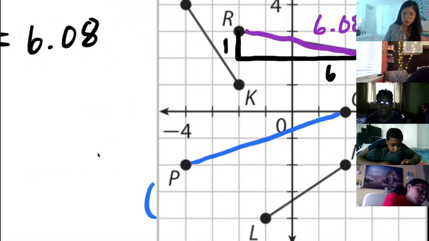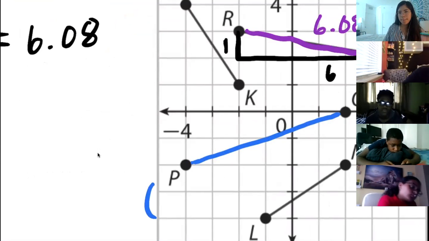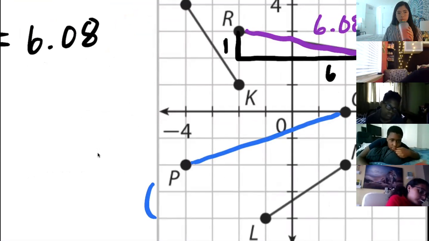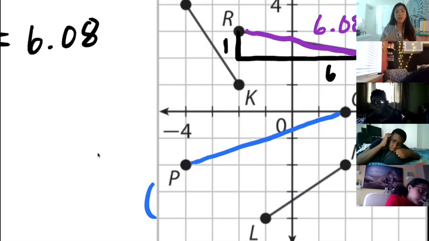So I need to know the coordinate point for P. What's my coordinate point going to be for P? No, not how long the line is, because we don't know that yet.